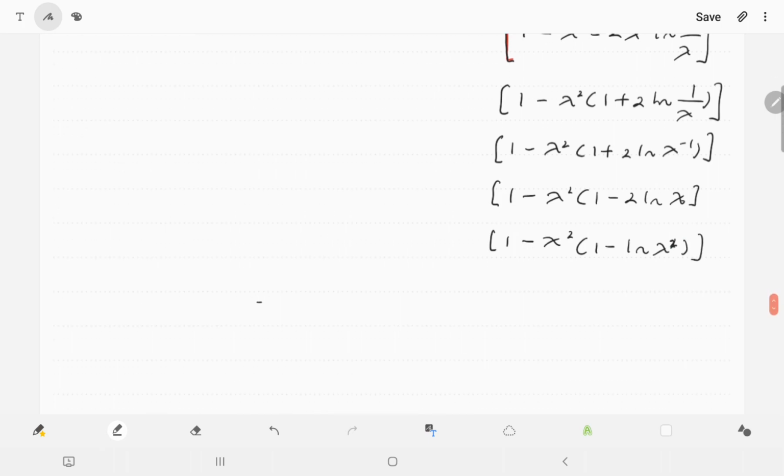And then the final expression will be (p naught minus pL) R square divided by 4 mu L, times 1 minus lambda square, times 1 minus ln lambda square.